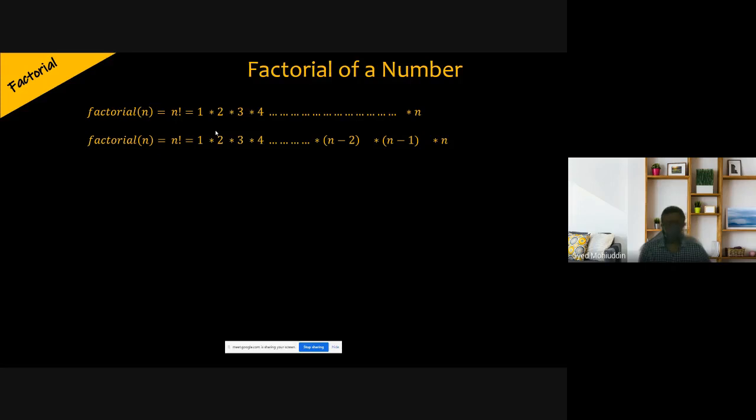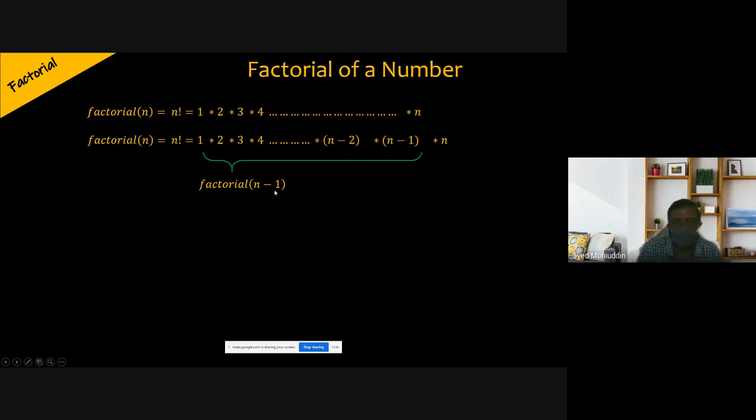Now here, if you look, this part is nothing but factorial of n minus 1. This entire thing till the second last term is factorial of n minus 1, because we are multiplying 1 by 2 till the n minus 1 term.